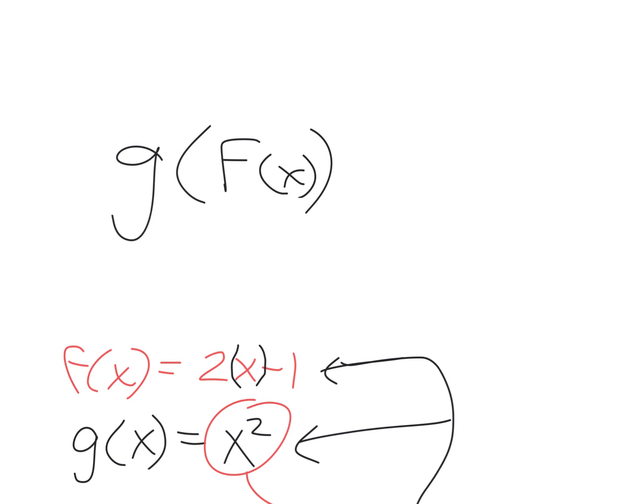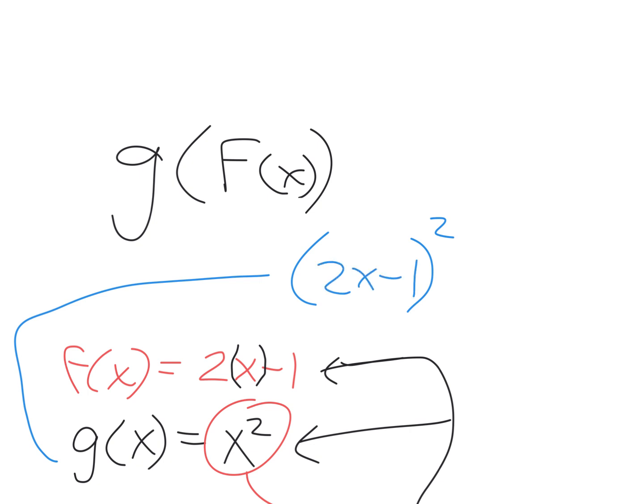So this time take g, make it eat f. So here's g, x squared. I make a big empty stomach for x, and he eats the 2x minus 1. Gonna want to slap a y equals at the front.